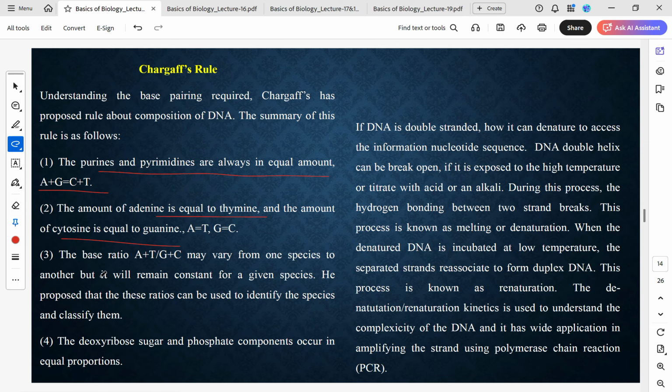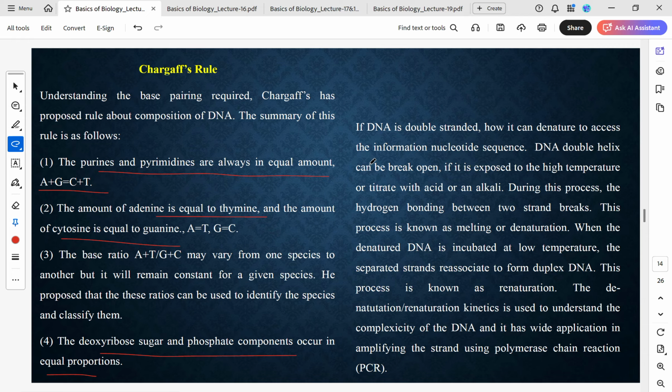The base ratio A plus T by G plus C will vary from one species to another, but it will remain constant for a given species. Therefore, these ratios of A plus T by G plus C can be used to identify the species and classify them. The deoxy sugar and phosphate components occur in equal proportions always.